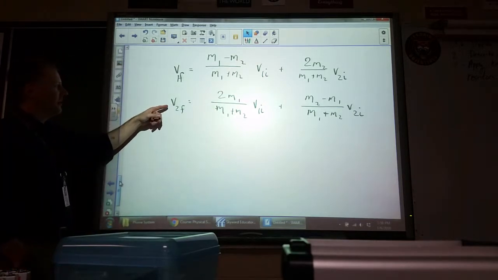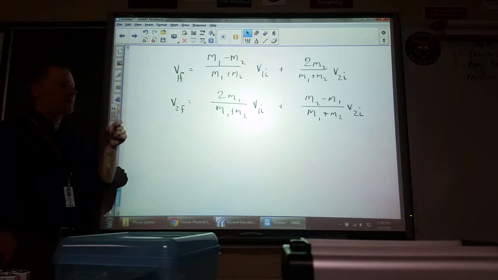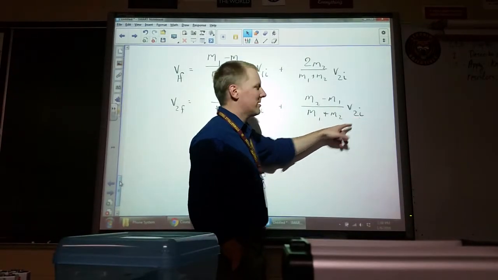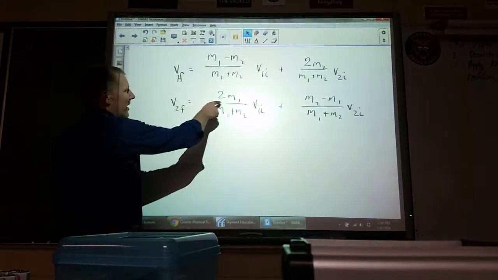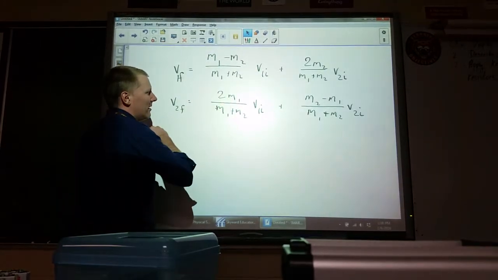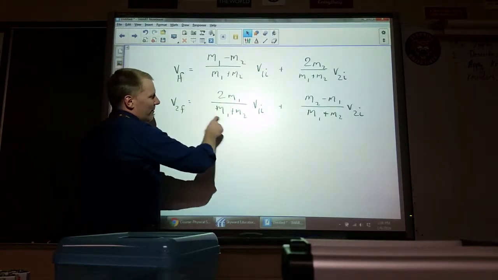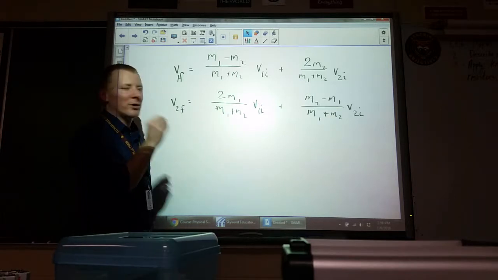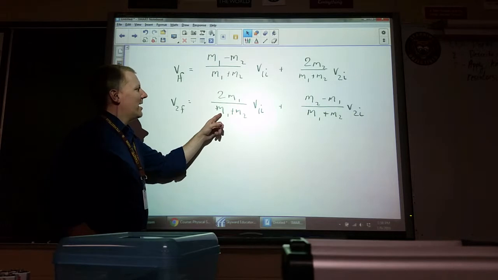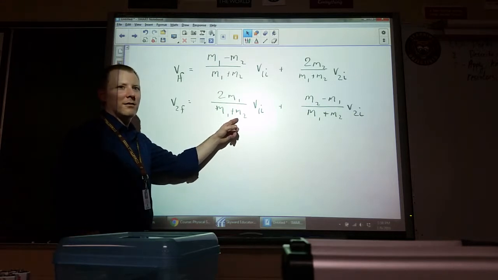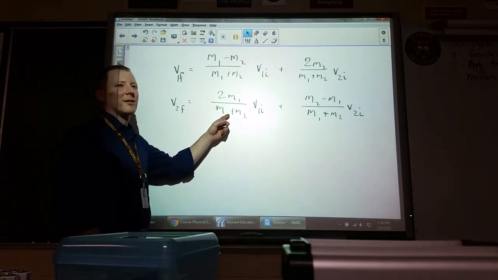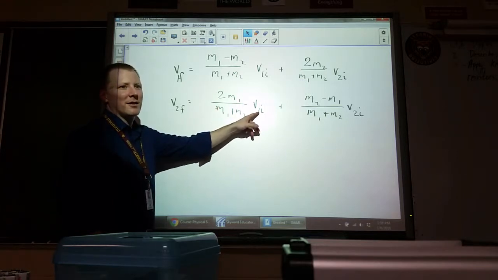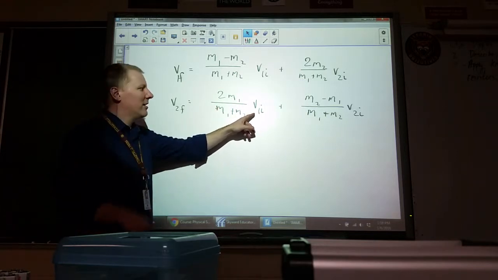Let's look at 2, which is the smaller mass and started out still. So again, we can ignore this term because it's going to be 0. But we have 2 times that big thing divided by that big thing plus a little. What's 2 times a big thing divided by a big thing plus a little? About 2. A little bit less than 2. So we'd expect a little bit less than twice the initial velocity of our first cart.